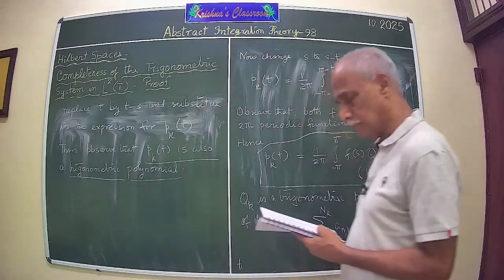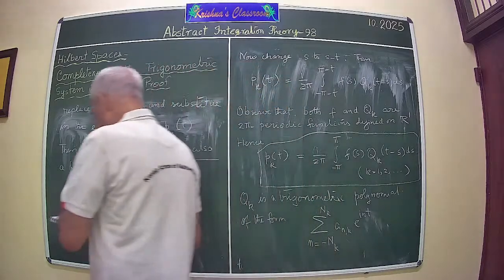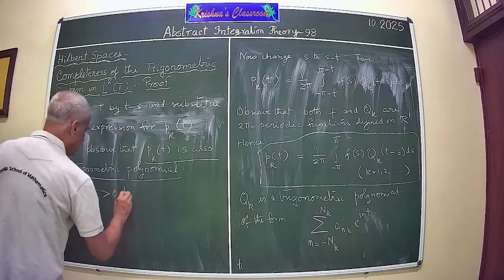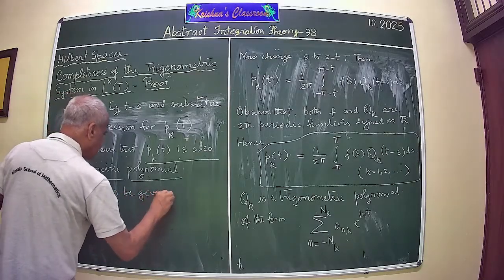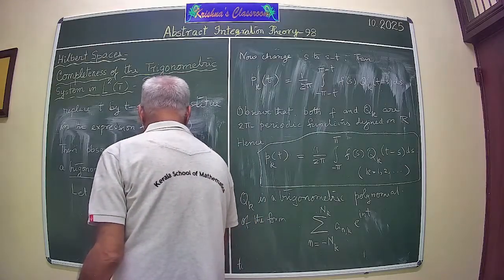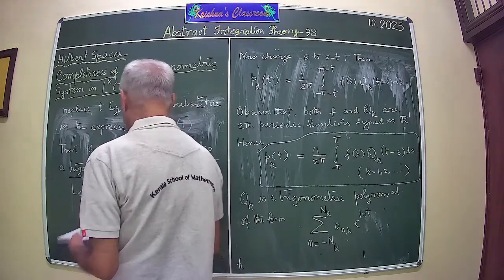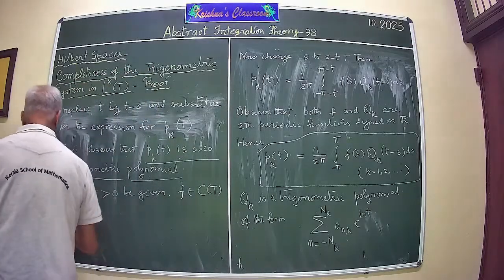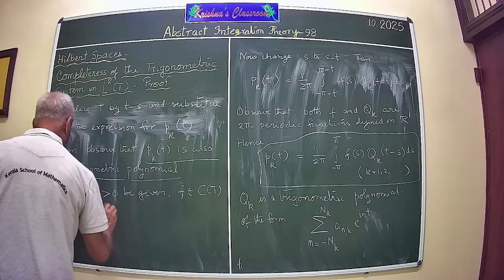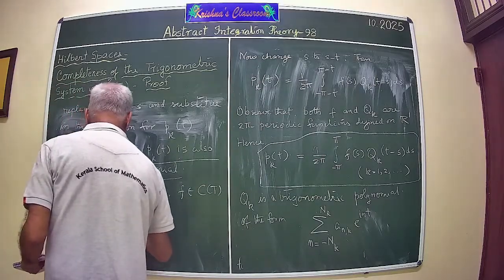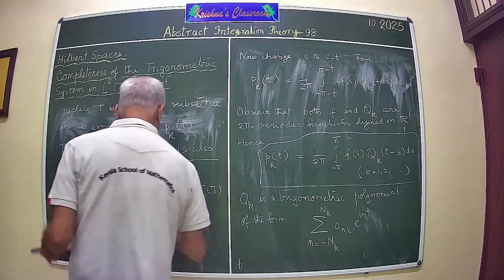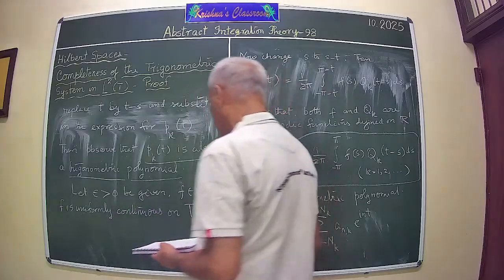That is observation. Now we have to estimate this, the following. So let epsilon positive be. Now you take F belonging to C. F is uniformly continuous on T. Okay.